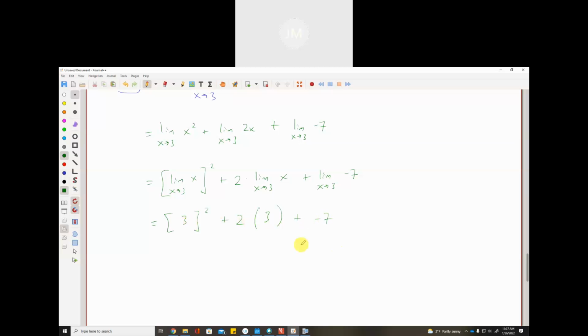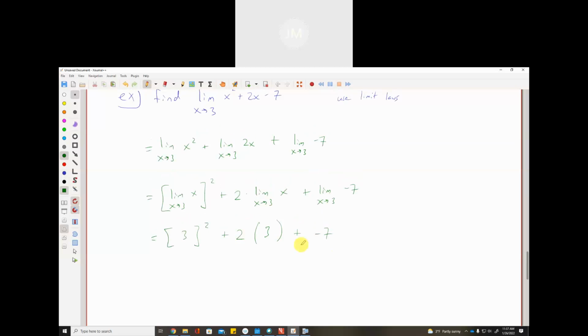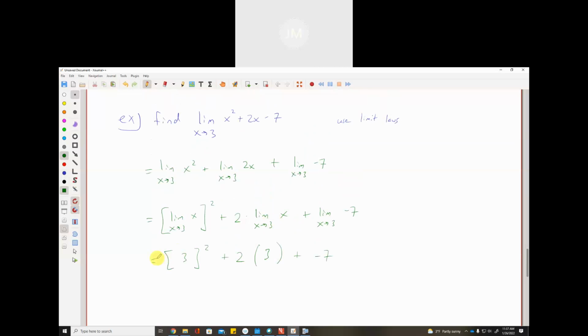But the thing that I want you to notice is that when I finish my limit laws, what this looks like is exactly the same as if I just plugged into my original function. Okay, so this looks exactly the same as just plugging in f of 3.